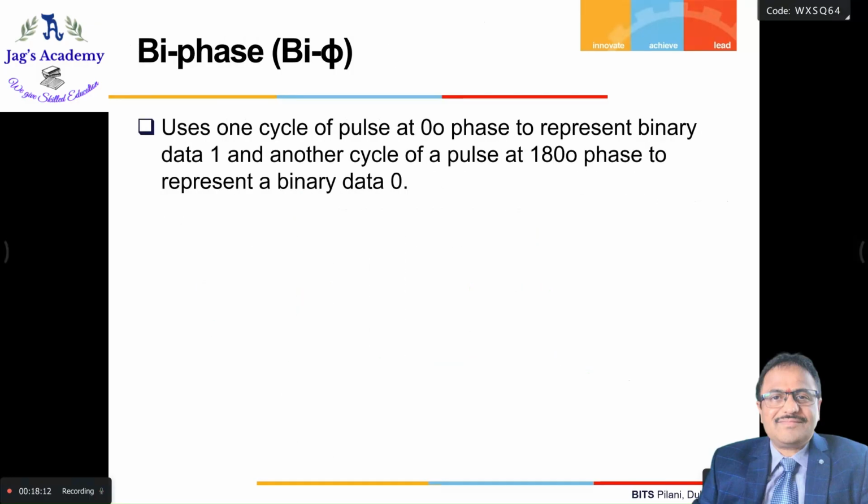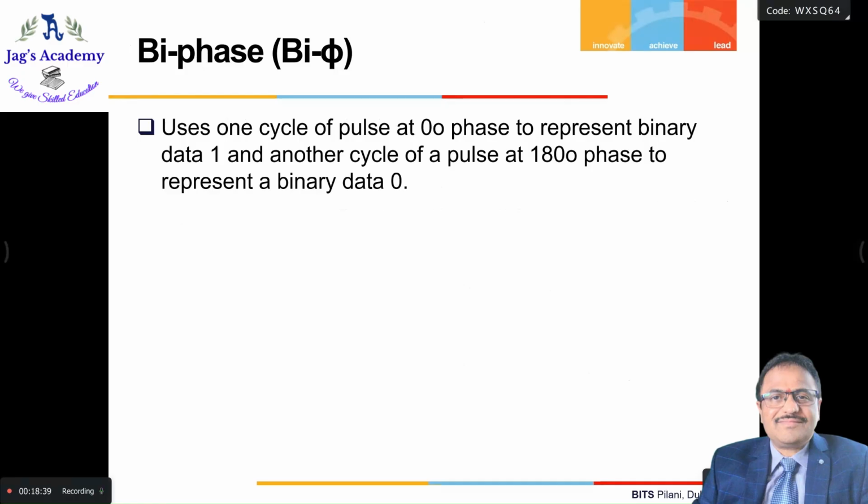Now let us go to one more: biphase. This is very interesting. Biphase changes its phase. There are two phases. Your 0 is represented by one phase, and 1 is represented by another phase.